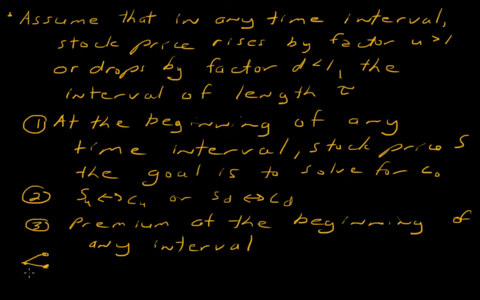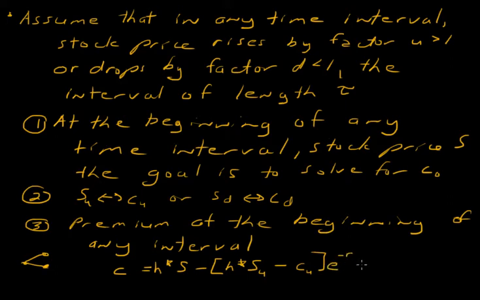So the premium that you're solving at the beginning of this interval is going to be based on the following formula. Your premium equals your perfect hedge ratio times the stock price minus the quantity, your perfect hedge ratio of the up, less the call of up, and then you just discount that back.